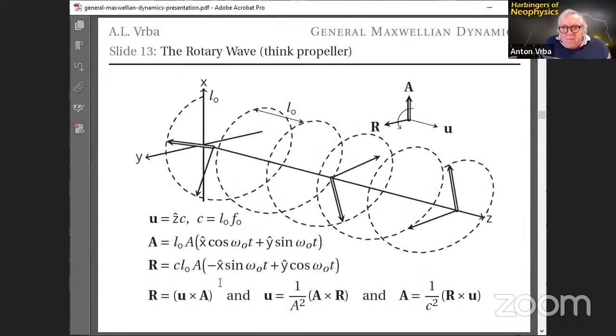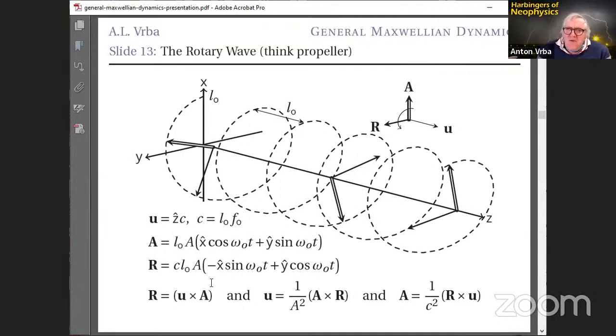So what does this look like? We have the A and R rotating. I'm showing three positions of the same wave, at t equals 1, t equals 2, and t equals 3, or we can think of it as three different rotary waves.